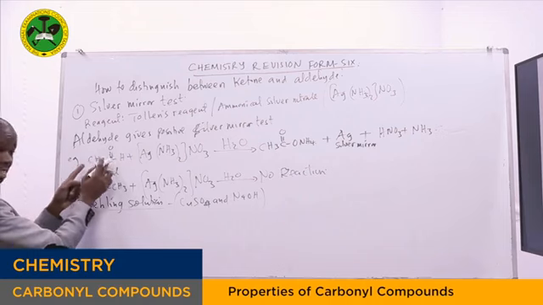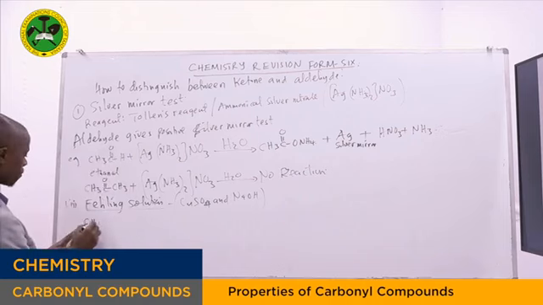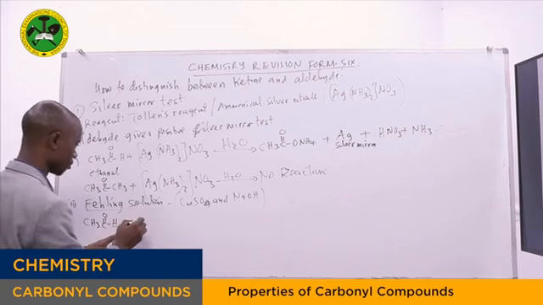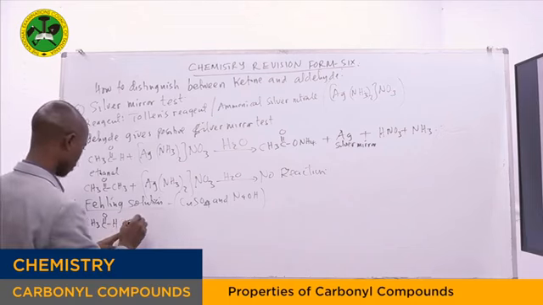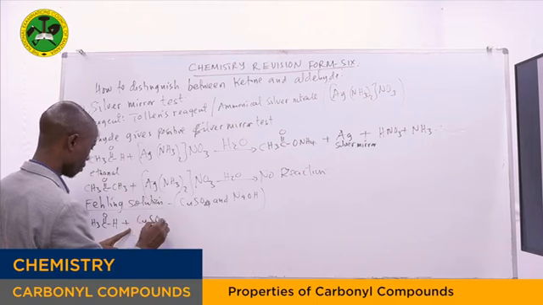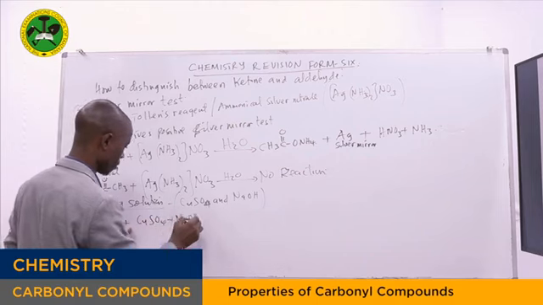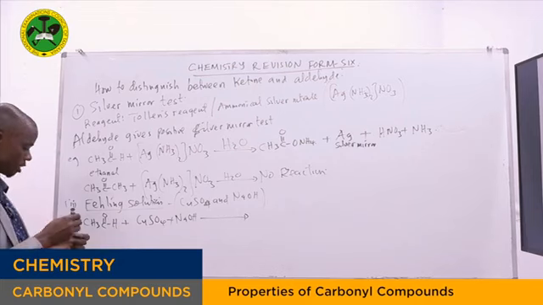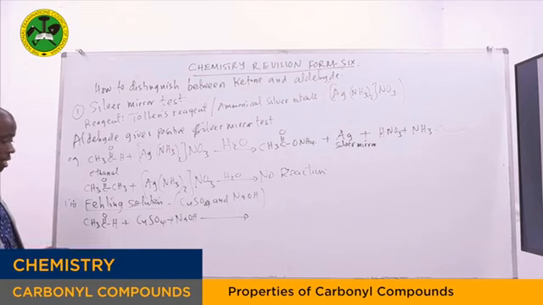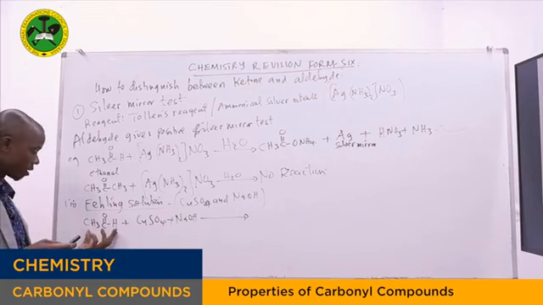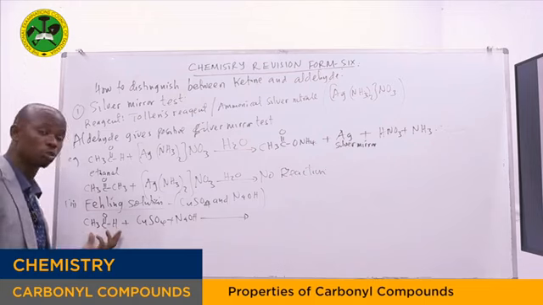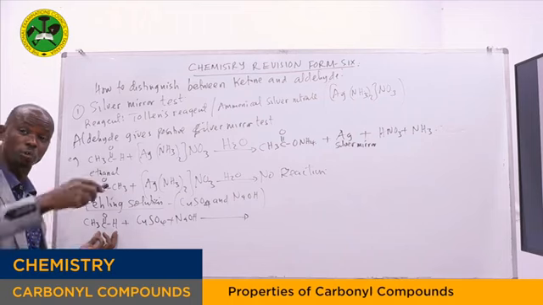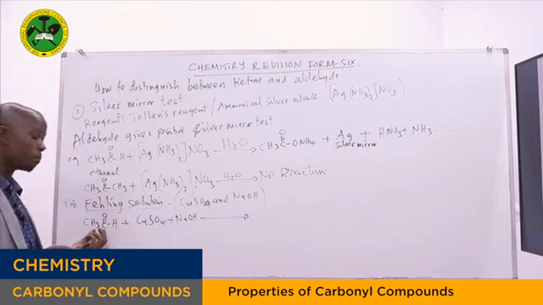An example, let's take the same example. With this mixture, the Fehling solution, this one will be oxidized. This aldehyde will be oxidized into a carboxylate salt. Because this is a strong reducing agent, it will be oxidized into sodium carboxylate.